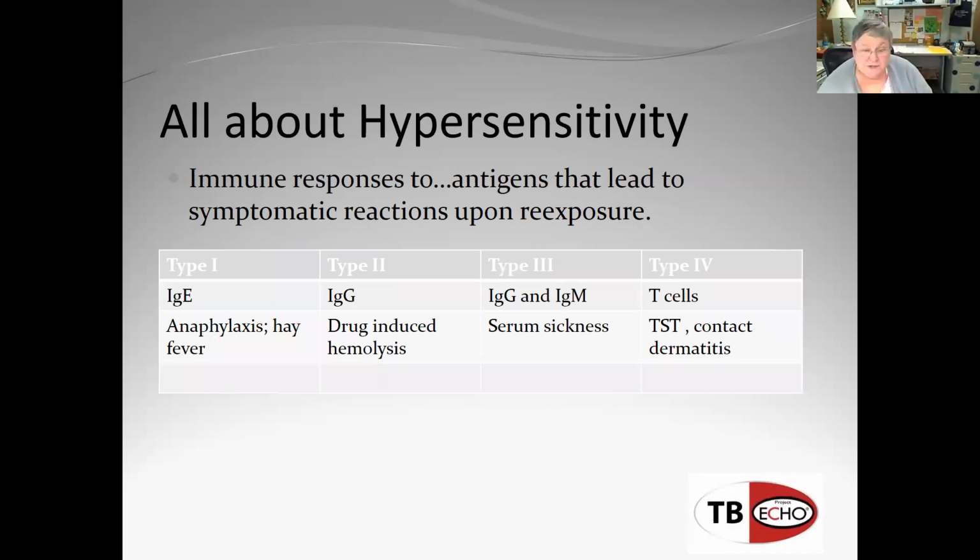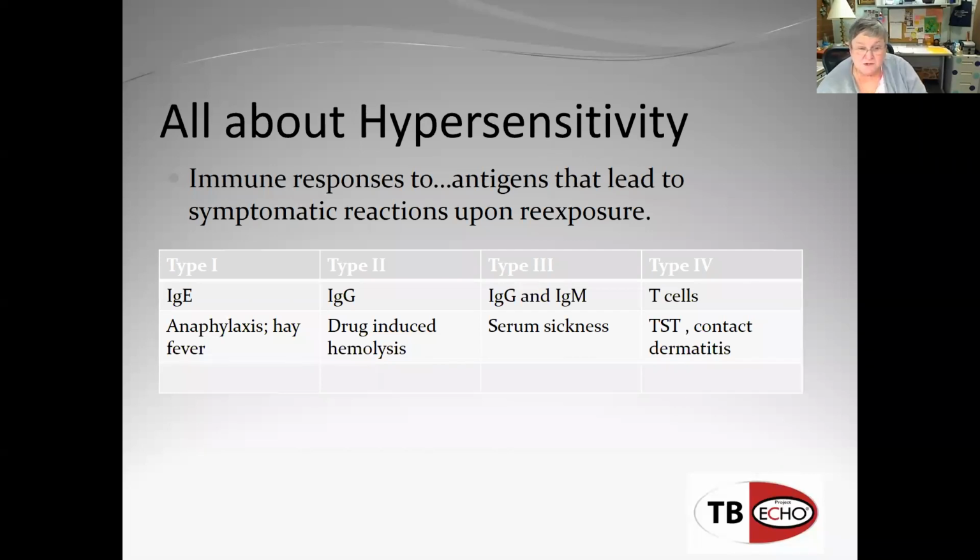So when we look at immune responses to antigens, these occur not with the initial response, but upon re-exposure. And there are 4 different types of hypersensitivity responses. You notice type 4 on the far right, that's from T cells, and that's where our TST gets the delayed hypersensitivity reaction.